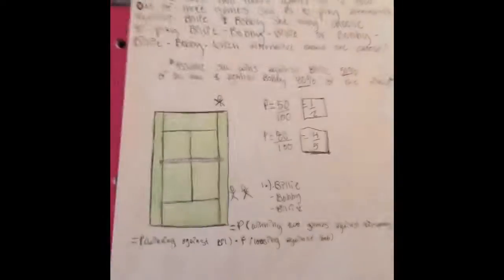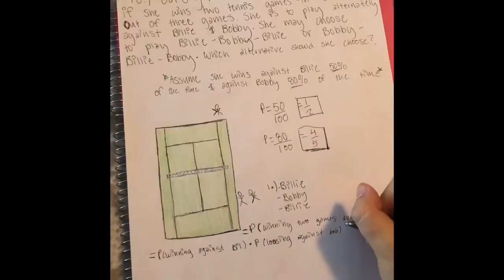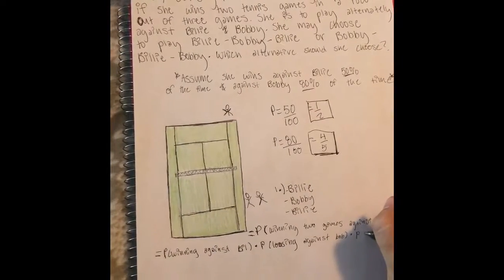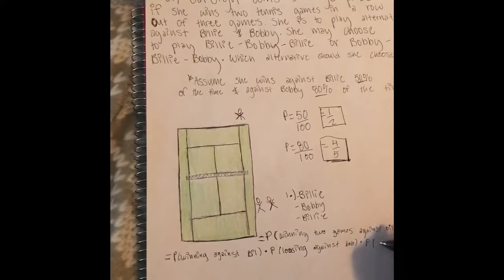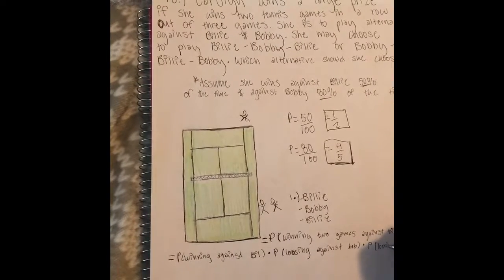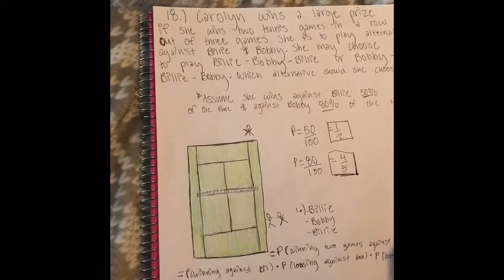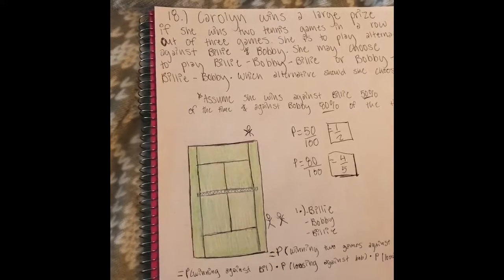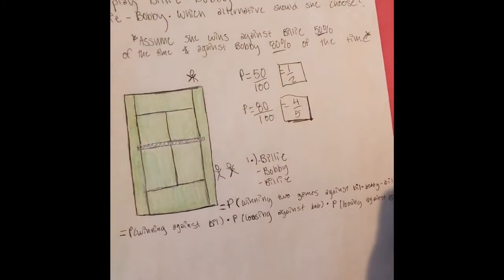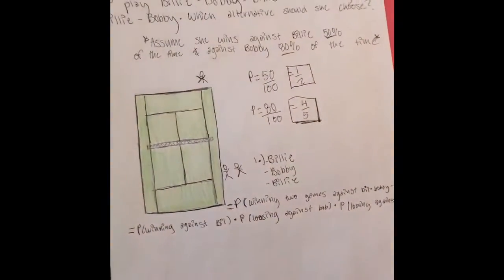All right, from there, we would multiply that by the probability of losing against Billy in that order. All right, so you can see I'm kind of going off the page.